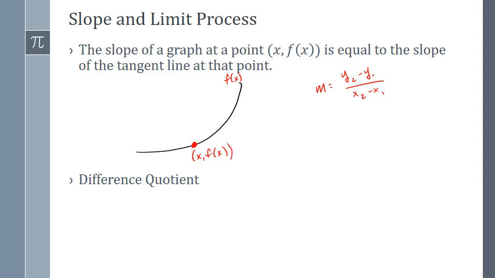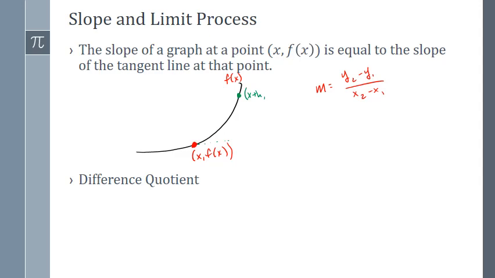So what you start with in calculus is you find the slope of a secant line, which is a line that crosses through a graph. So if I pick another point here, we don't know where it's at, we just know that it's at that x value plus some h value.